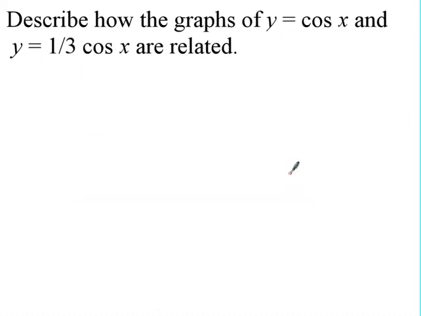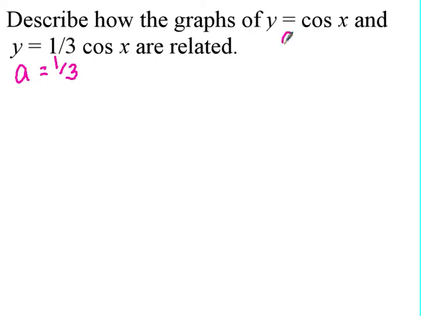Let's look at this one. Describe how the graphs of y equals cosine x and y equals 1/3 cosine x are related. Basically, it's going to be real similar to the one we just got done looking at. But my amplitude here is 1/3.